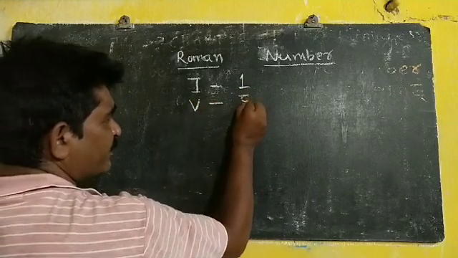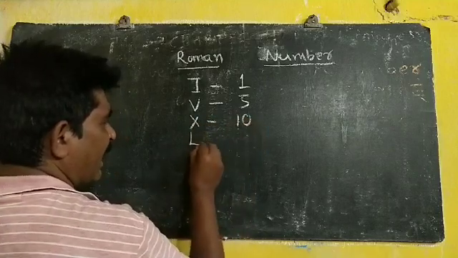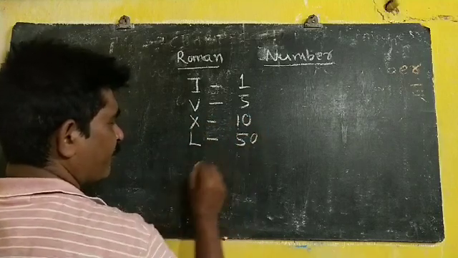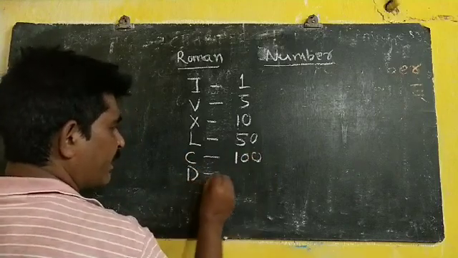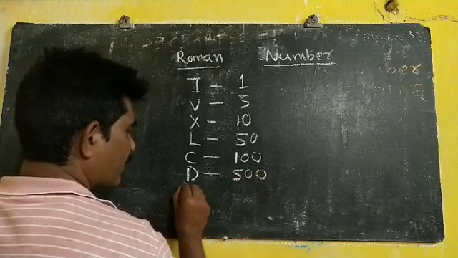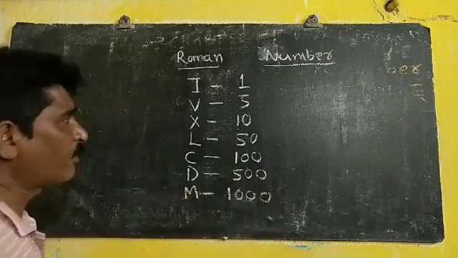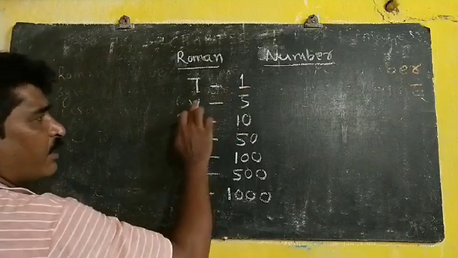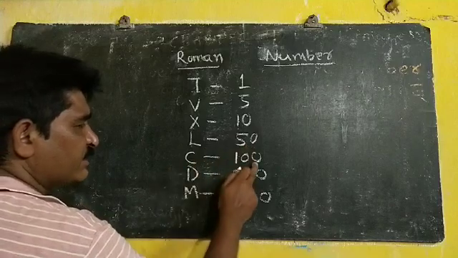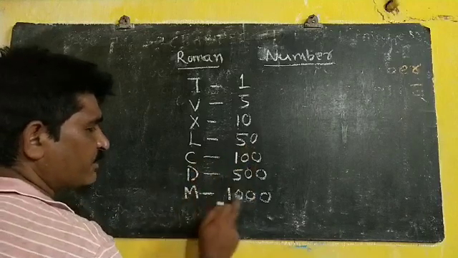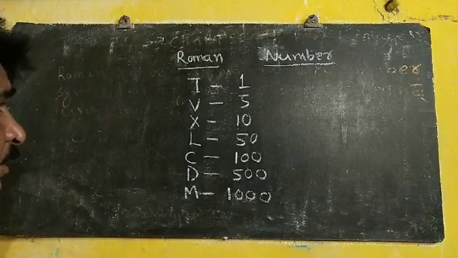V means 5. X means 10. L means 50. Then C means 100. D 500. Then M means 1000. You have to remember all these values. I means 1, V means 5, X means 10, L means 50, C means 100, D means 500, M means 1000. Clear? You have to remember these values.